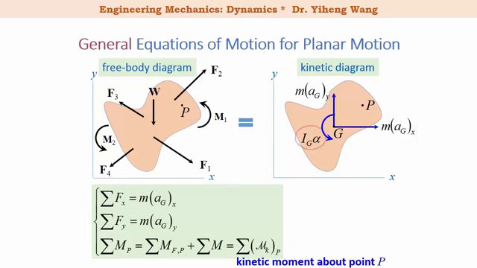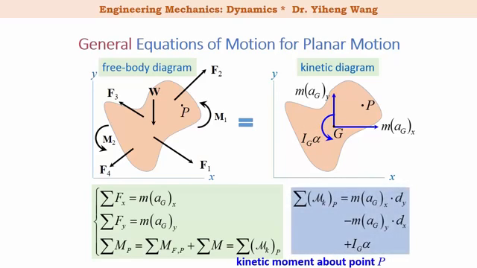Similarly, I_G alpha, I_G being the mass moment of inertia of this rigid body about an axis that passes through the mass center point G and is perpendicular to this xy plane, and alpha again is the angular acceleration. This term I_G alpha can also be considered as an inertia couple moment, and therefore this term right here, kinetic moment about point P, can be considered as the resultant moment about point P caused by the moments of ma plus the free couple moment I_G alpha.